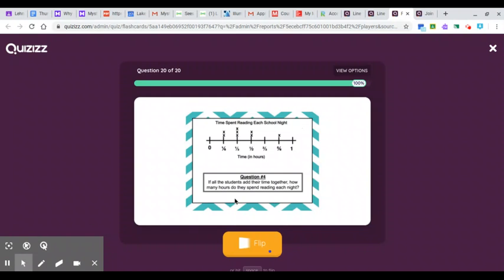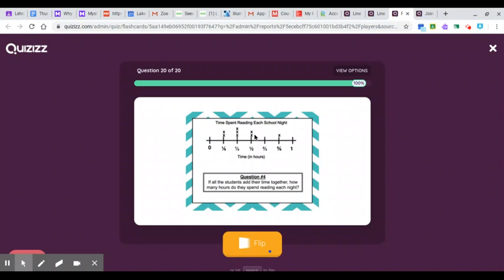All right, and on this last one, it's a little bit confusing, but you guys can do this. If all the students add their time together, how many hours do they spend reading each night? This is another one where you just try to combine as many things as you possibly can to get whole numbers. So I'll do the first part for you. I can't read this one right now, so that one's hard for me, but here I have 1/2.